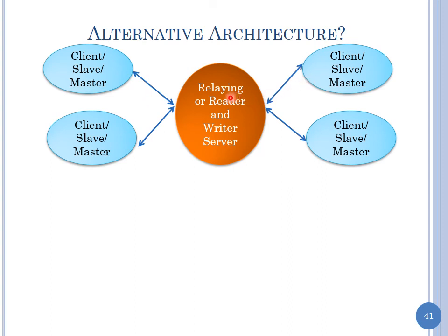So this was a general architecture, and I'm going to argue that to achieve the same functionality, we can have another architecture. We want to keep the same functionality. Let's say we've got a bunch of mirrors. So these could be mirrors also, by the way. I didn't mention this here. This could be client, slave, master, or a mirror.